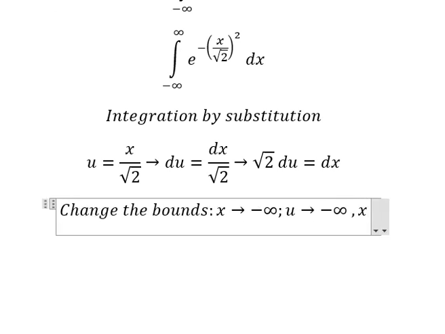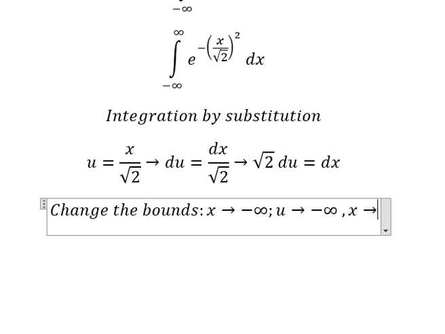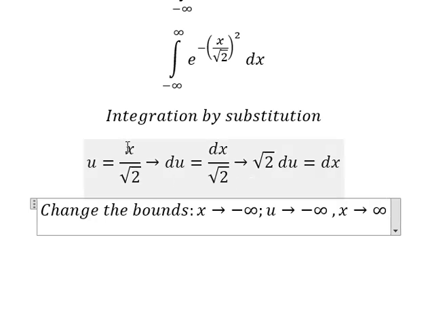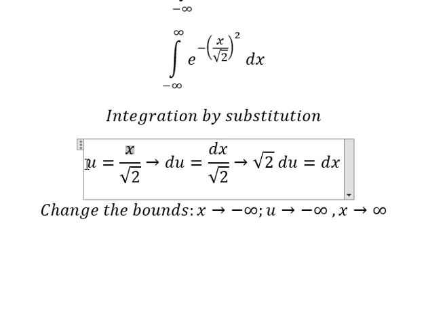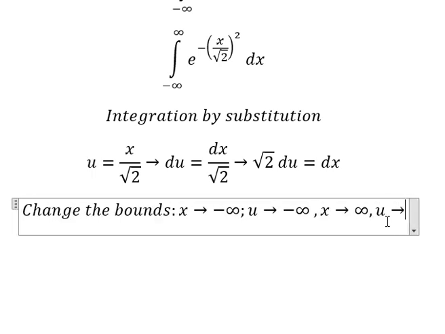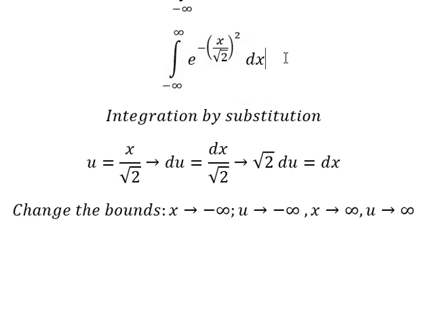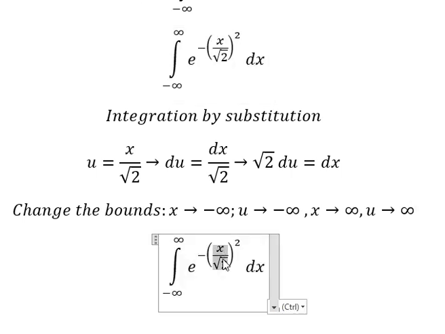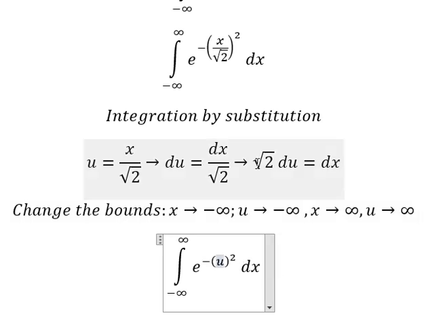When s approaches positive infinity, we put it in here, and you get u approaching positive infinity. This one we change for u, and the s we change for this one.